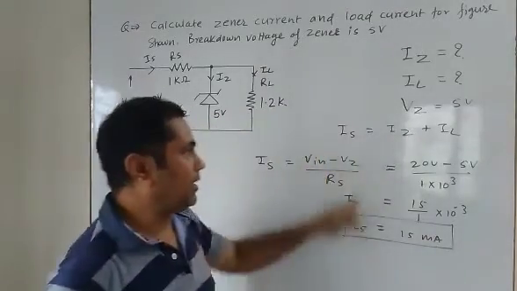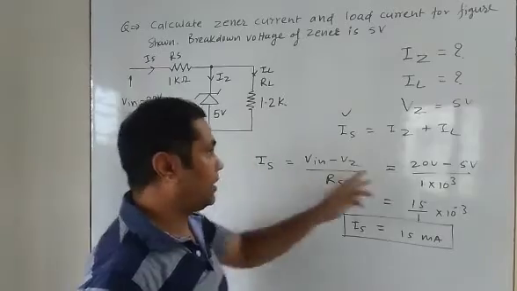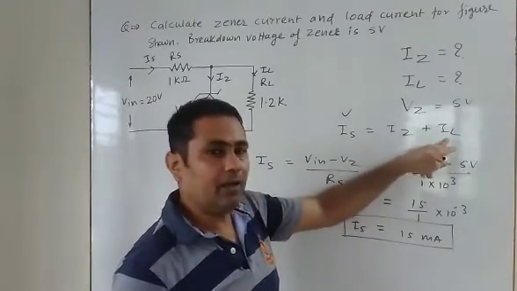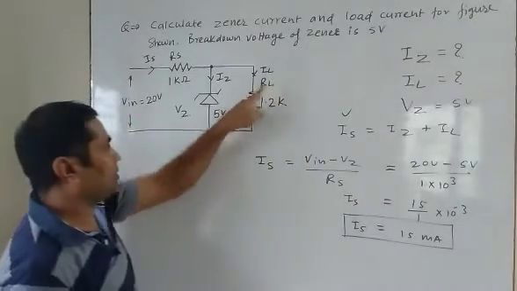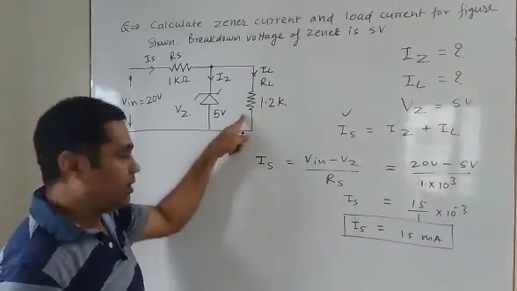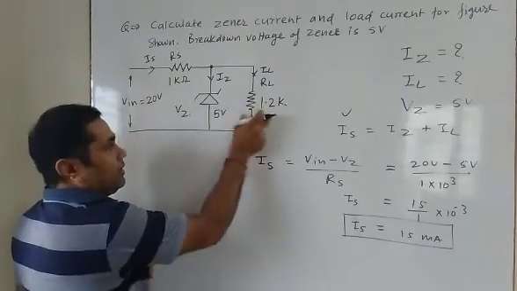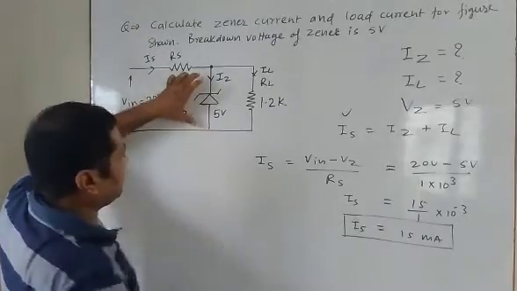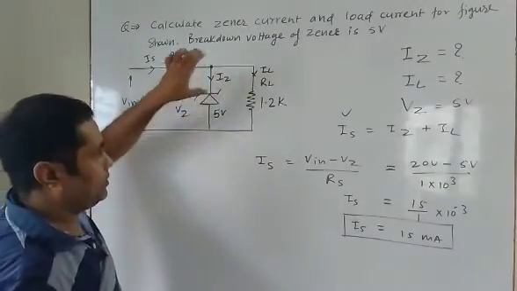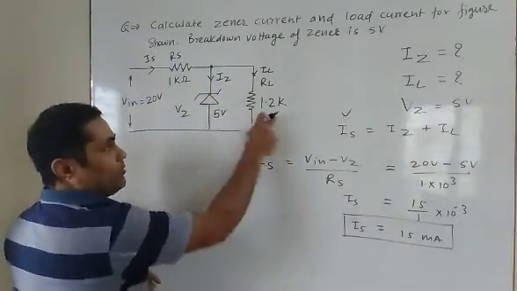Now this is the current Is. So we know Is. Second thing, Iz or IL. It is more convenient to calculate IL, because the voltage across the load resistance can be assumed, since the Zener diode and the load resistance are connected in parallel. In parallel connection, the voltages are the same. So if 5 volt is appearing here, the same voltage will appear here. So the voltage across the load resistance will be 5 volt.